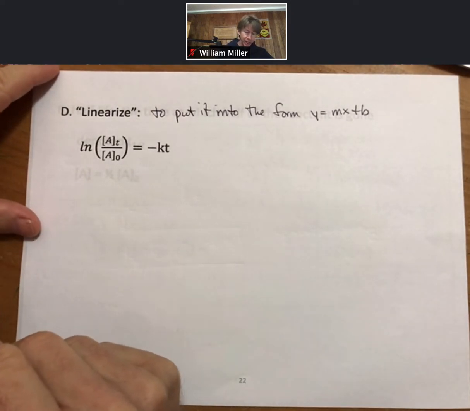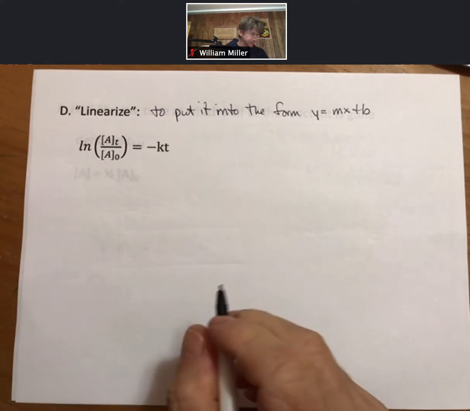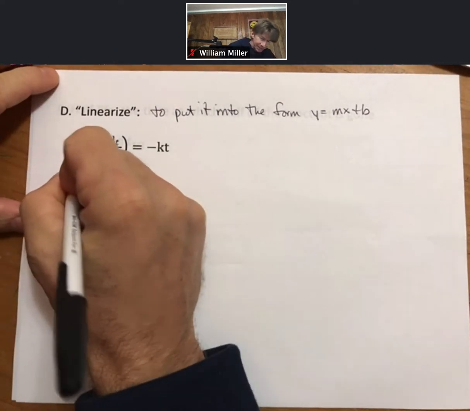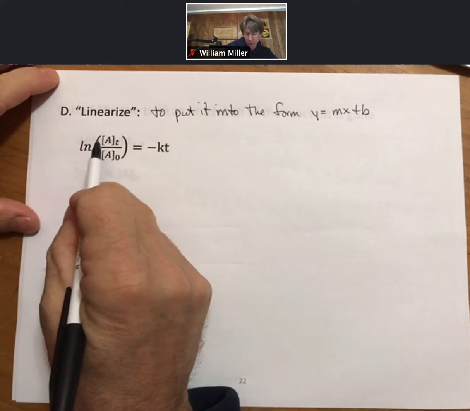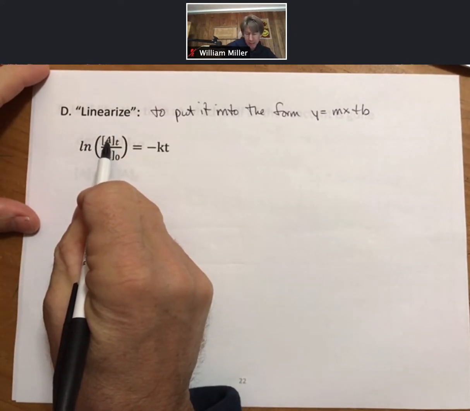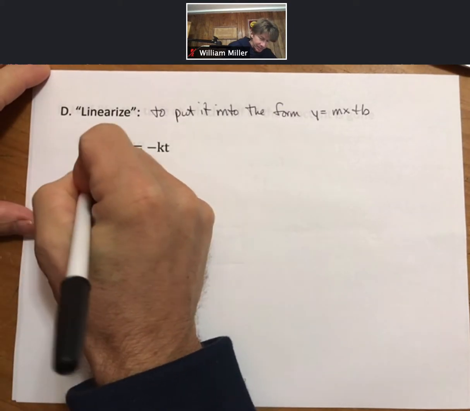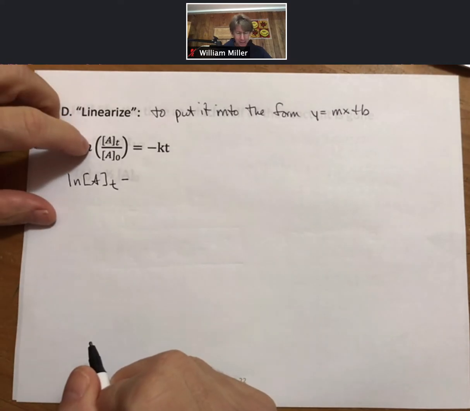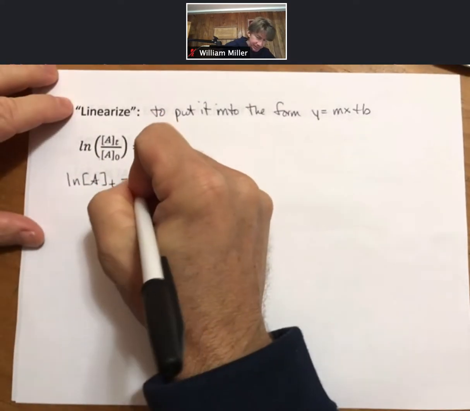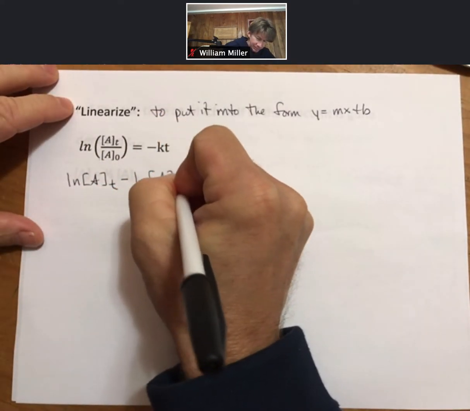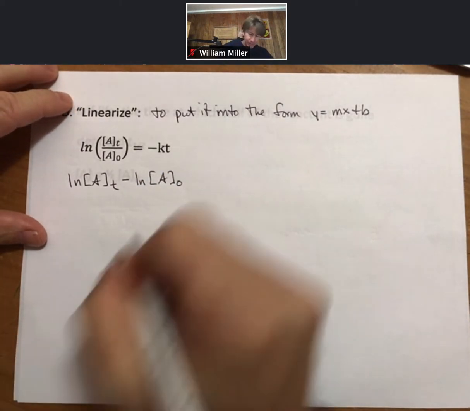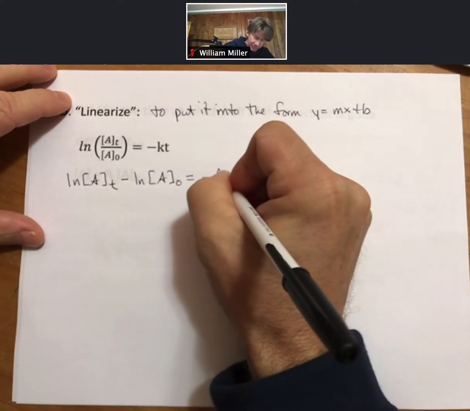In order to do that, we are going to separate this back out into natural logarithm of the concentration of A at time t minus the natural logarithm of the concentration of A at time equals 0 equals minus kt.